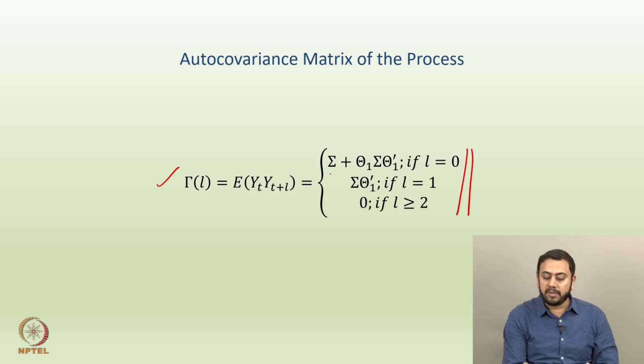I can put forward expressions for the autocovariance structure of the VMA(1) process: sigma plus theta_1 sigma theta_1 prime if L is 0, sigma into theta_1 prime if L is 1, and 0 if L is greater than or equal to 2.